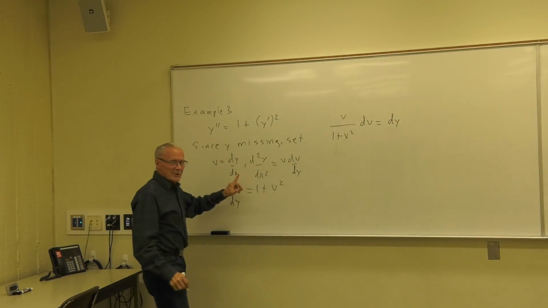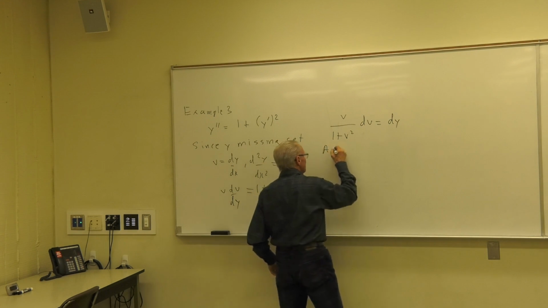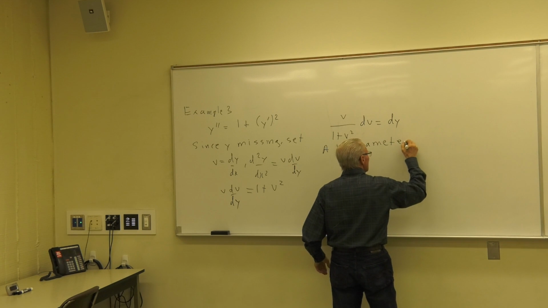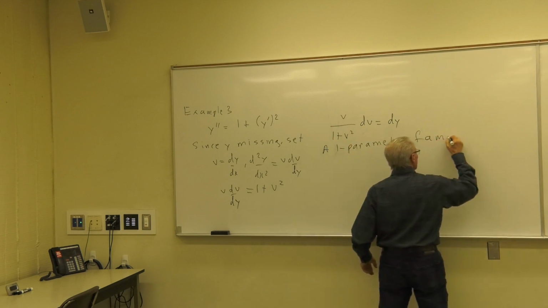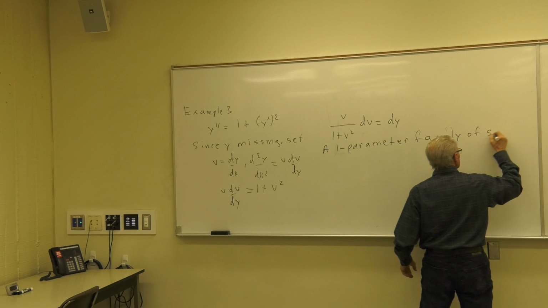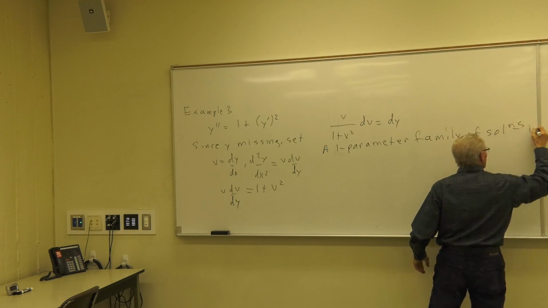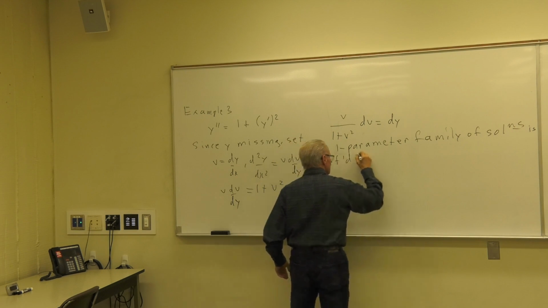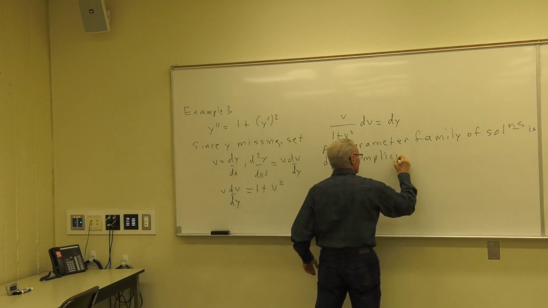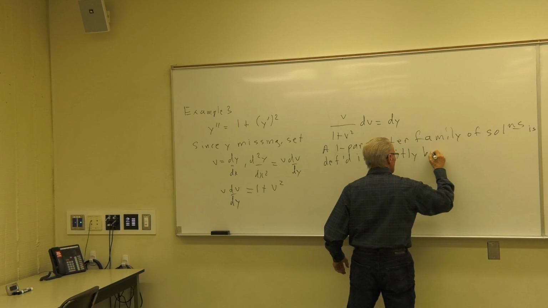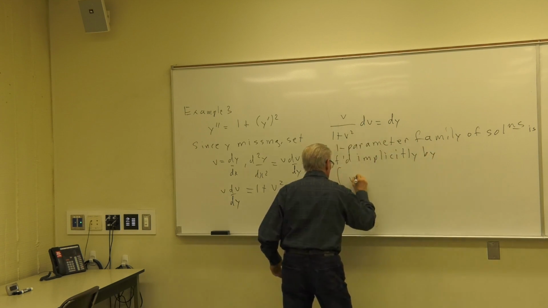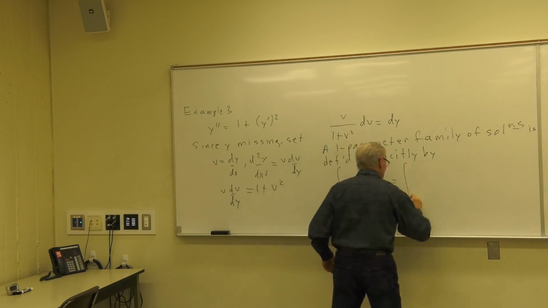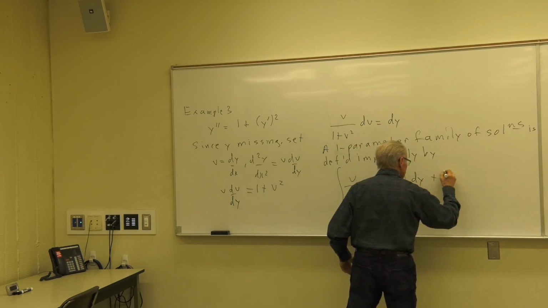Down with you, up with you. Therefore, a 1 parameter family of solutions is defined implicitly by writing that the integral of v over 1 plus v squared dv is equal to the integral of dy plus c.